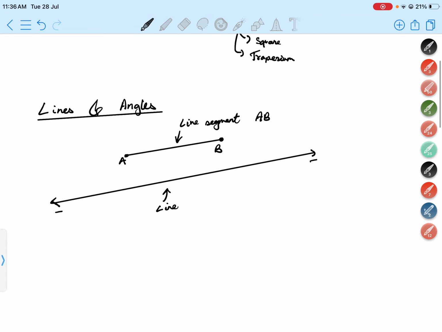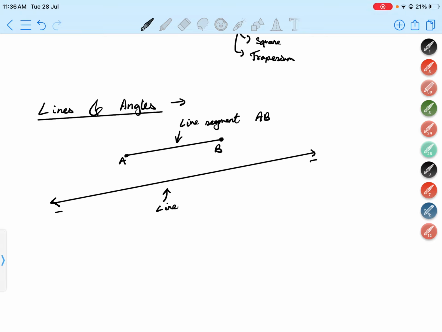And what are angles? Angles are basically the tilt which is created between 2 lines.